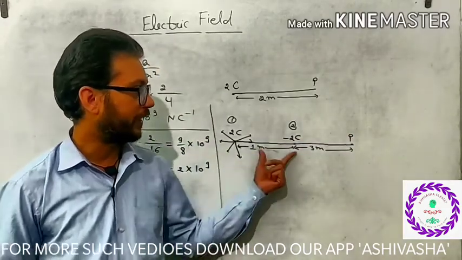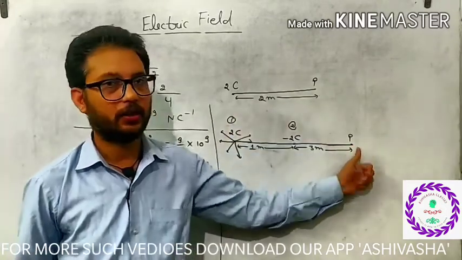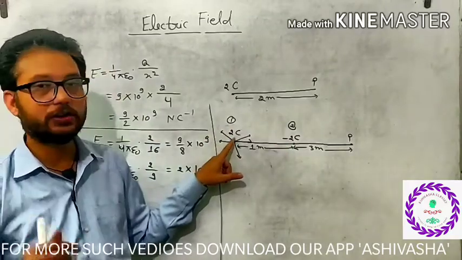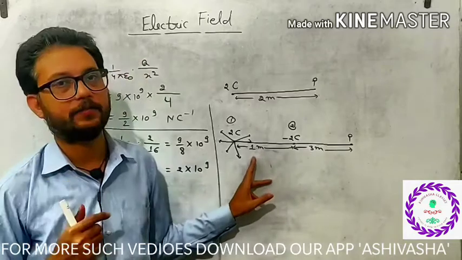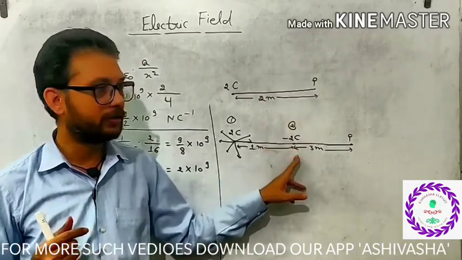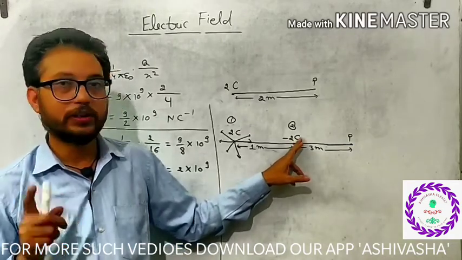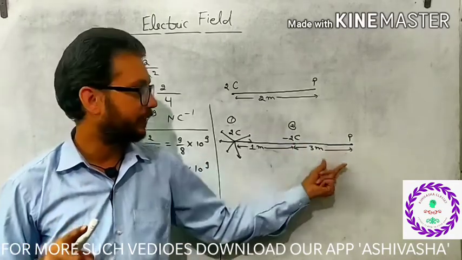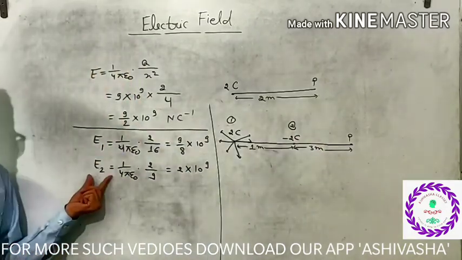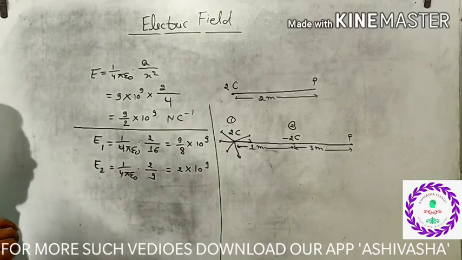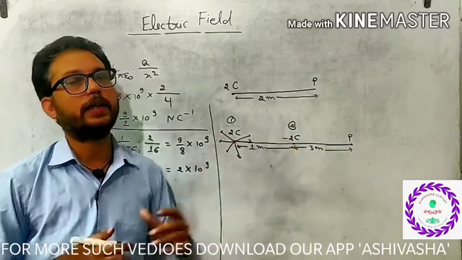Now at this time, the electric field due to the first charge at point P will have no change because the magnitude is 2 as earlier and the distance is 4 as earlier. The electric field due to the second charge will also be the same because the magnitude is the same and the point is at the same distance. So E1 and E2 will have no change, but now the direction will be changed due to the negative sign.